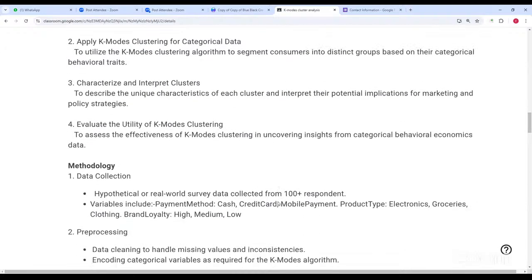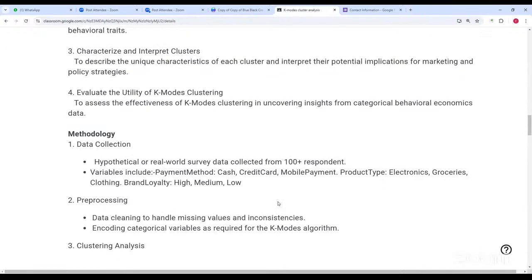Three, characterize and interpret clusters, to describe the unique characteristics of each cluster and interpret their potential implications for marketing and policy strategies. Number 4, evaluate the utility of K modes clustering, to assess the effectiveness of K modes clustering in uncovering insights from categorical behavioral economics data.